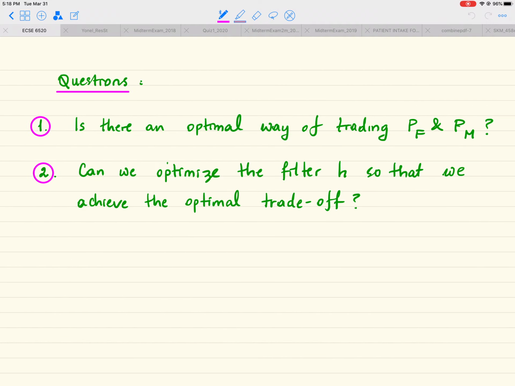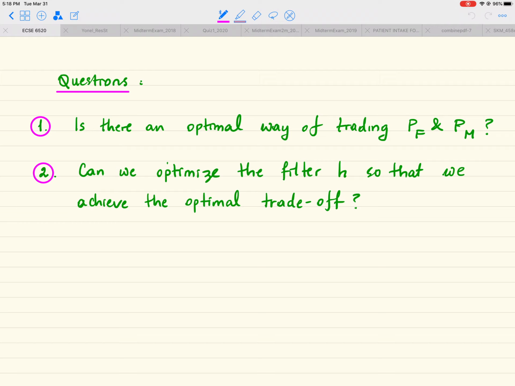Okay, all right. So of course the question in detection theory is: is there an optimal way of designing a discriminant function that is going to take all our observations and map it to a single scalar quantity, and also an optimal threshold, so that we have some kind of optimal way of trading off between probability of detection and probability of false alarm?